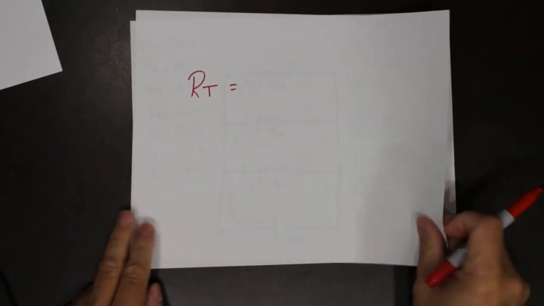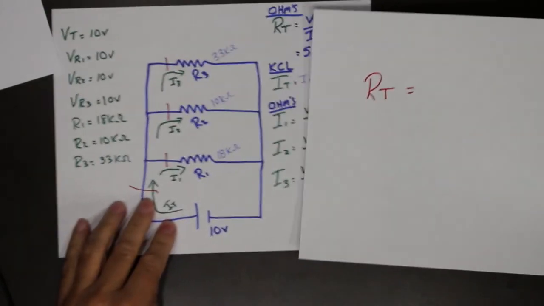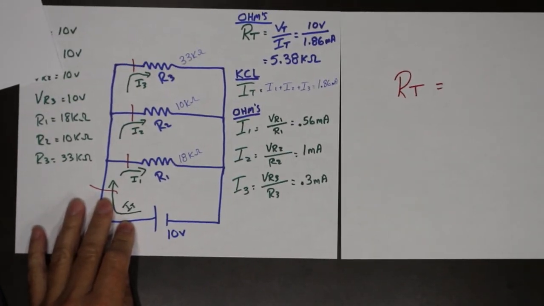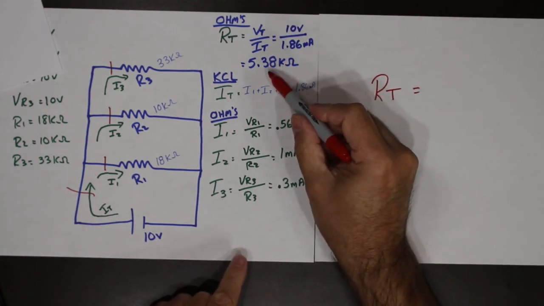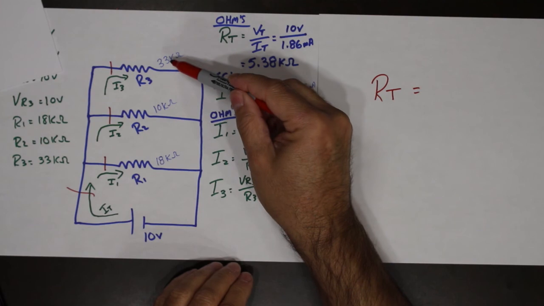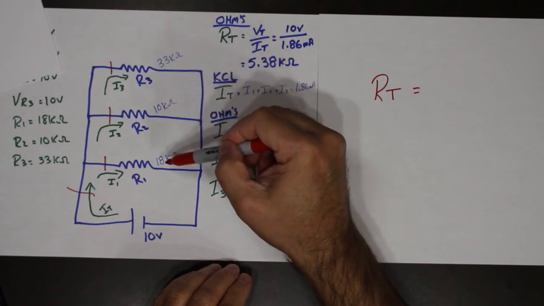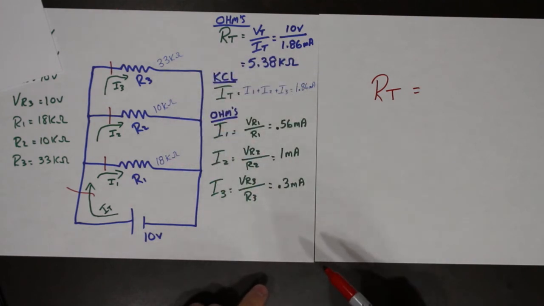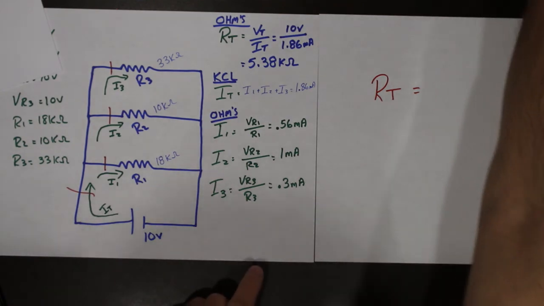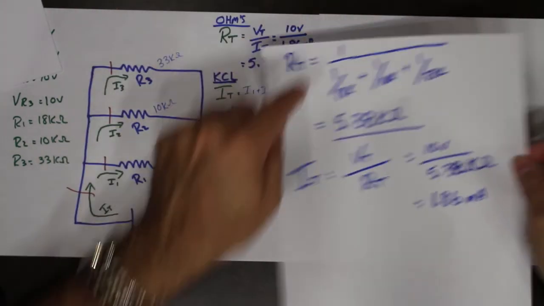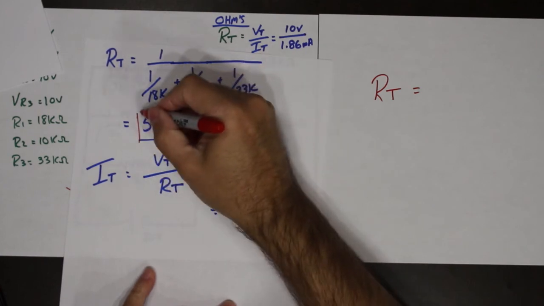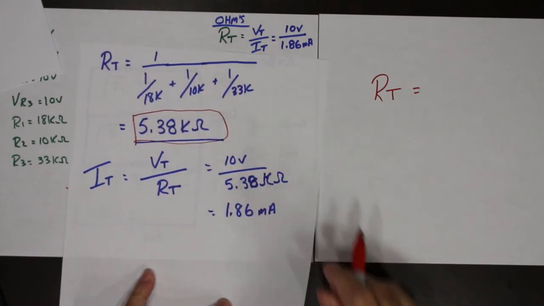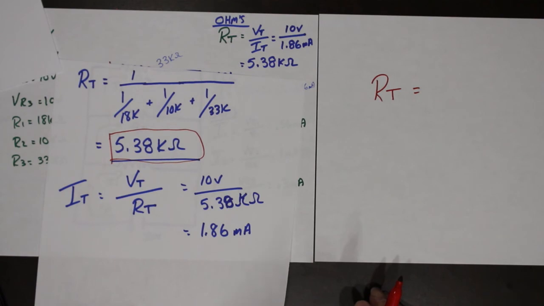When you are looking at measuring or calculating R total, look at this. Here is R total. R total was from 33K, 10K, 18K. So whether we did it the Ohm's law method or the formula method, the value came out to be the same, 5.38.